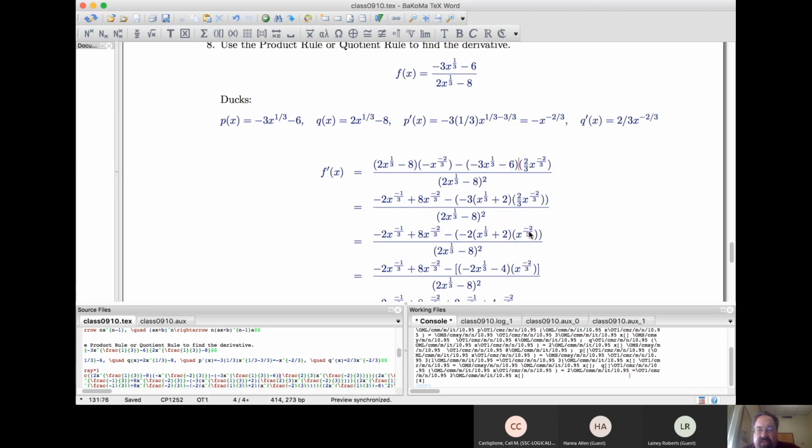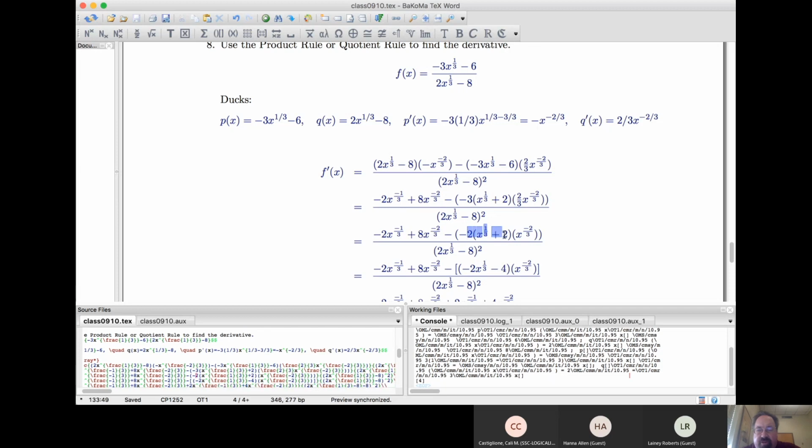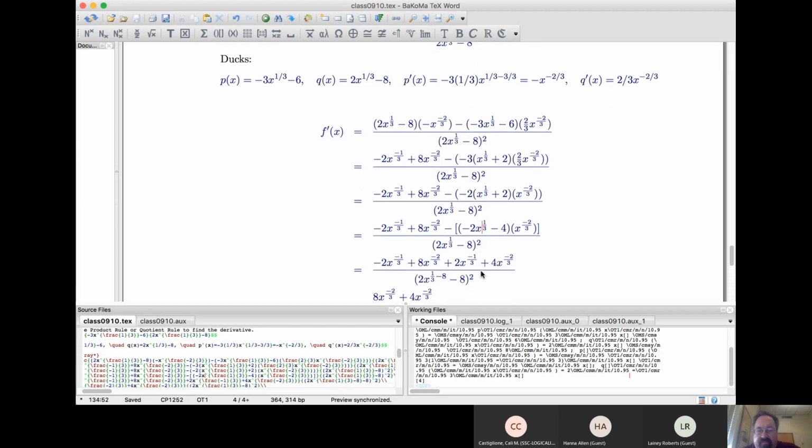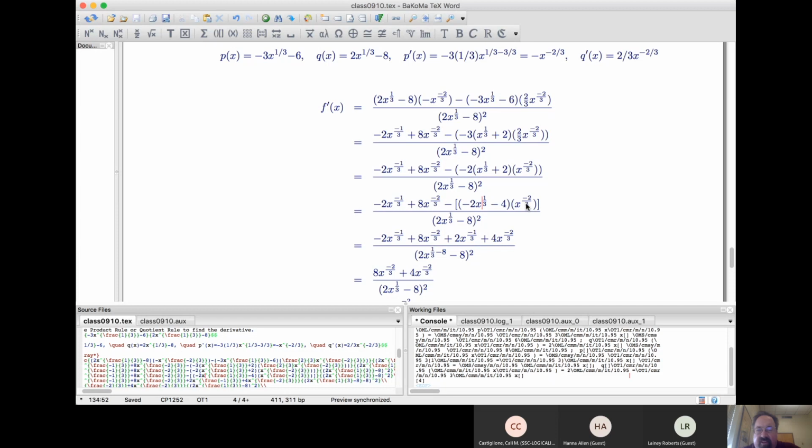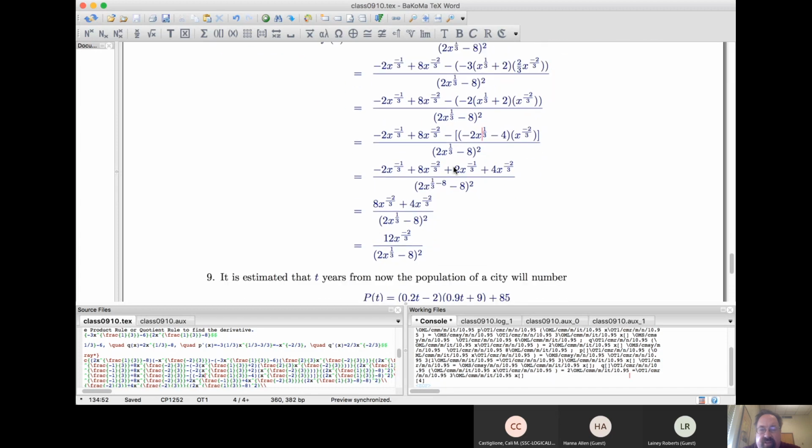And then I take this minus 2 and distribute it through here. And then I'll distribute the x to the minus 2/3 through all this, again using the laws of exponents to add the exponents. And we see these terms end up canceling, and then the other 2 terms end up combining, and that's our final result.